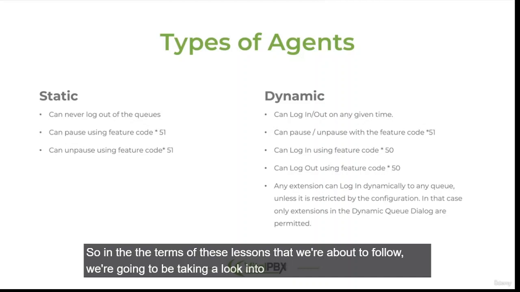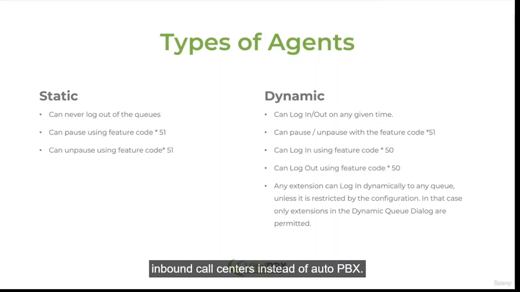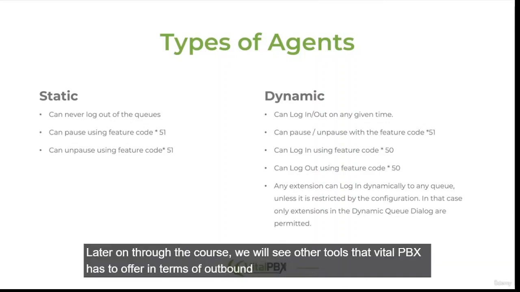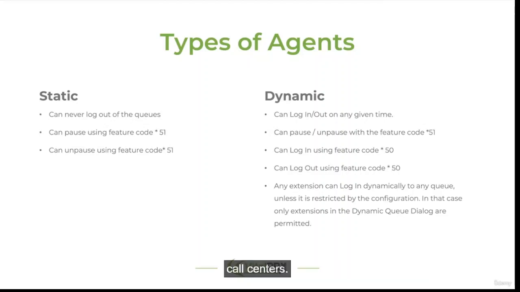So in terms of these lessons that we're about to follow, we're going to be taking a look into inbound call centers inside of Vital PBX. Later on through the course, we will see other tools that Vital PBX has to offer in terms of outbound call centers.